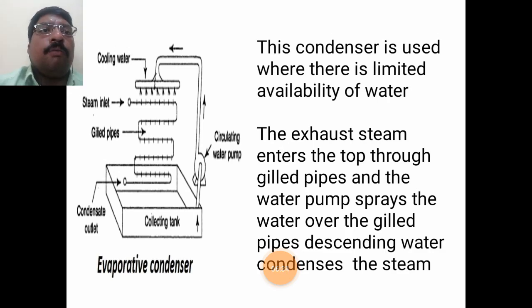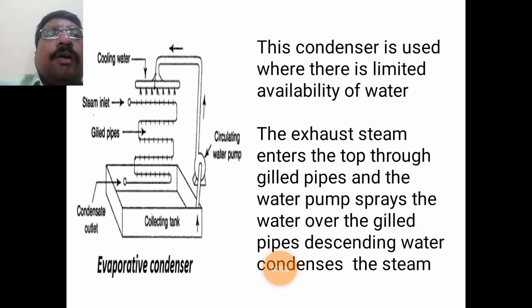While the steam passes through this pipe, a water pump sprays water over the pipe, and the descending water condenses the steam. By means of the flow of water over the pipes, the steam passing through the pipes is condensed, and the condensate is collected from the condensate outlet.